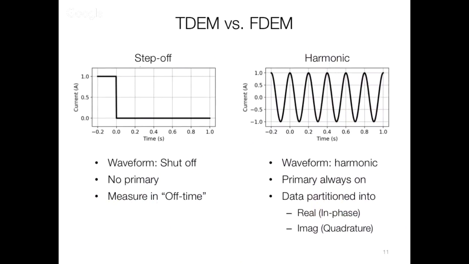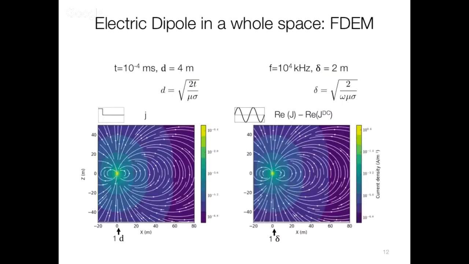Time domain, frequency domain, doesn't matter. The only thing with frequency domain is that everything gets partitioned into a real and imaginary part. Looking at the time domain earlier, here's 10 to the minus 4 milliseconds.